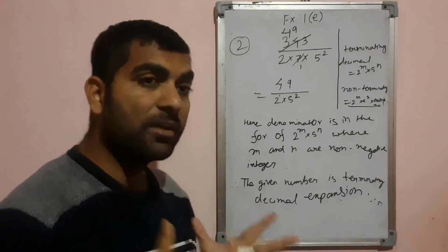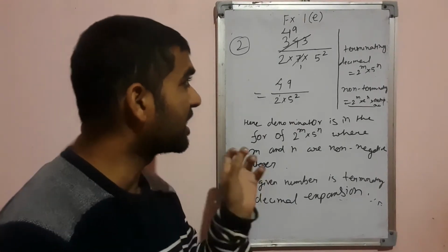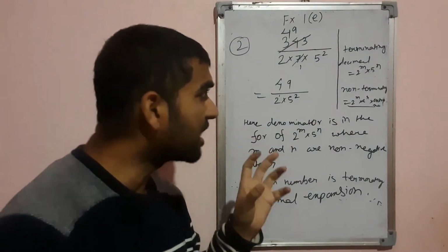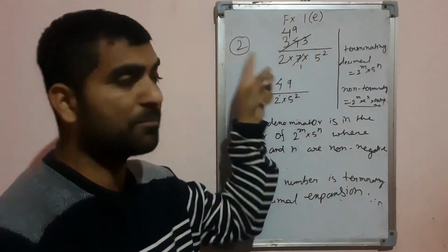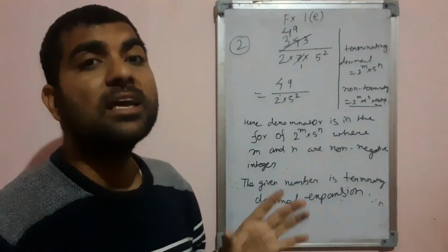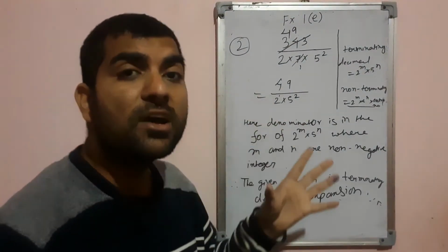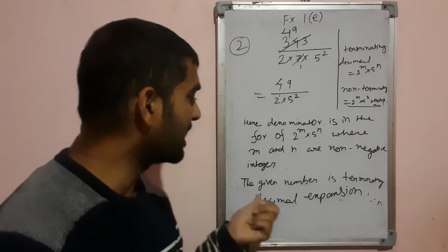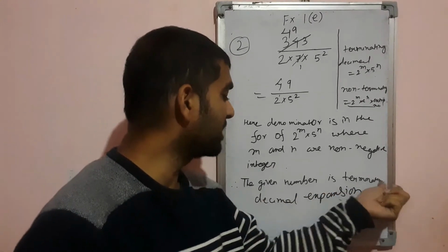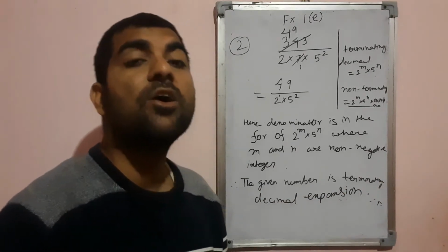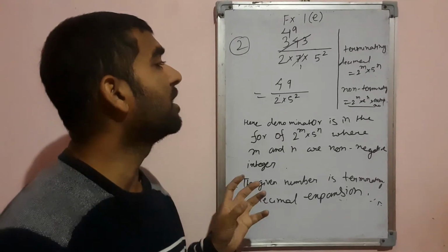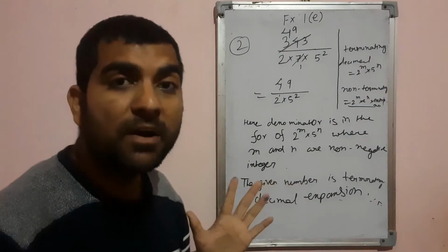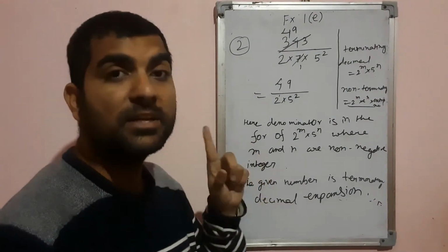So now a question, let us read the question again. They are asking whether it is correct to say that the given number is a non-terminating decimal expansion. So what will be your conclusion? You can write the given number is terminating decimal expansion, or you can write that it is incorrect to say that the given number is non-terminating decimal.